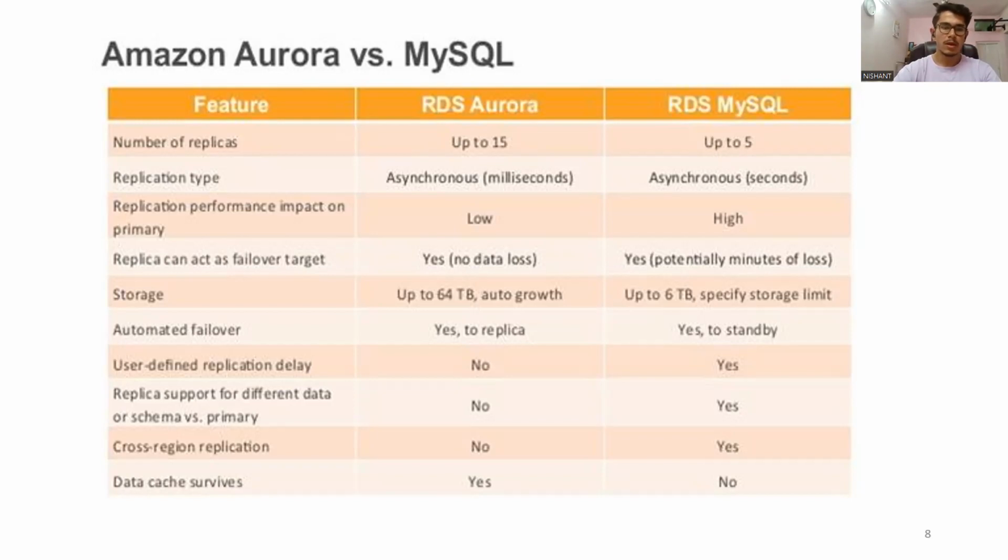The number of replicas in Amazon RDS Aurora is more as compared to MySQL, and it also allows cross region replication, reduces failure, and increases the storage, as the storage limit in RDS is 6 TB, whereas in Aurora it is 64 TB.